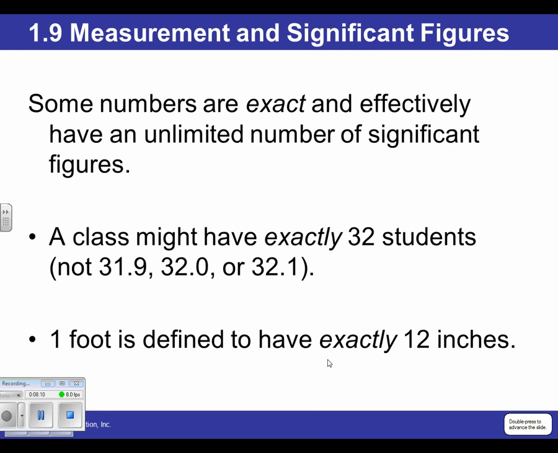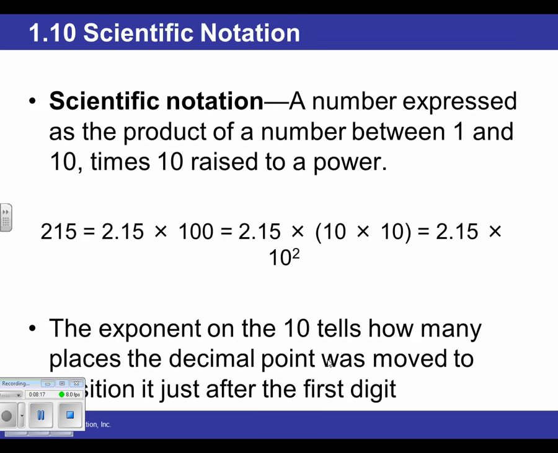Now, as I mentioned, some numbers are exact, some are vague, some are approximate. And when you talk about measurements, they can be ambiguous or exact. Now, when we talk about scientific notation, we look at this approximation or these values to solve for answers and determine whether something is used for a larger number or for a smaller number. In this example, they used the number 215. 215 can be broken down to equal 2.15 times 100.